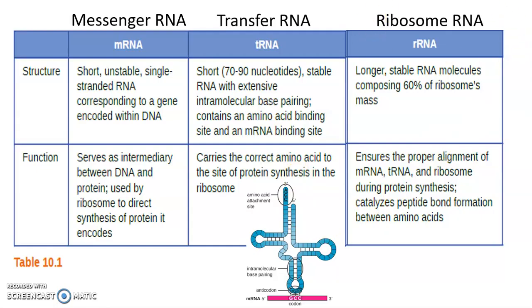But our last major type of RNA that we'll find in cells is known as ribosomal RNA. These guys are going to be a lot longer, a few thousand bases long. If you were to look at a ribosome, about 60% of this enzyme is actually RNA molecules.